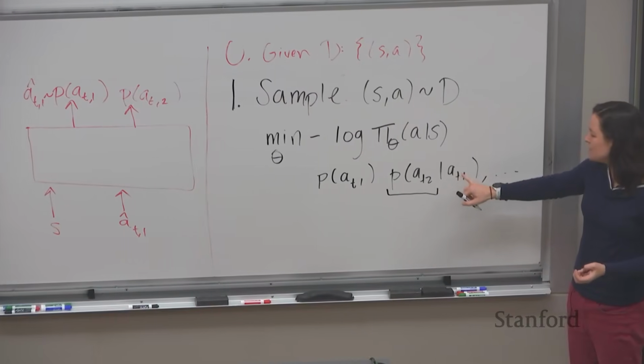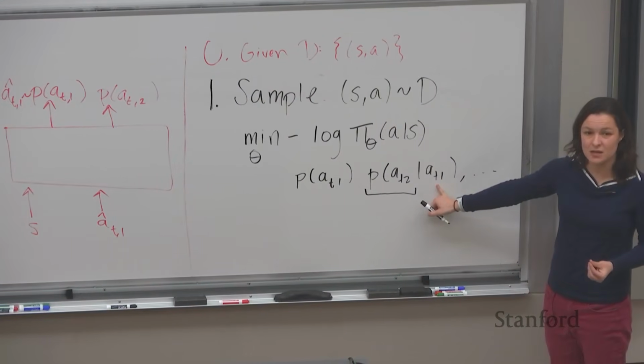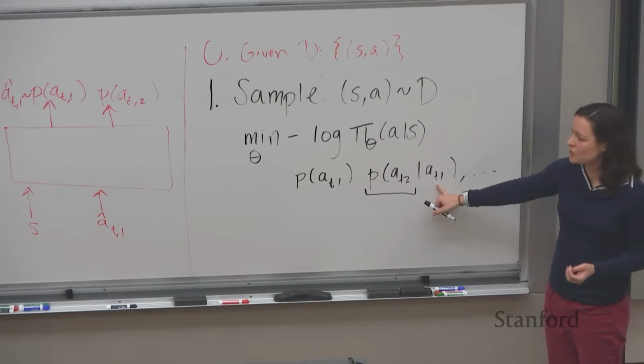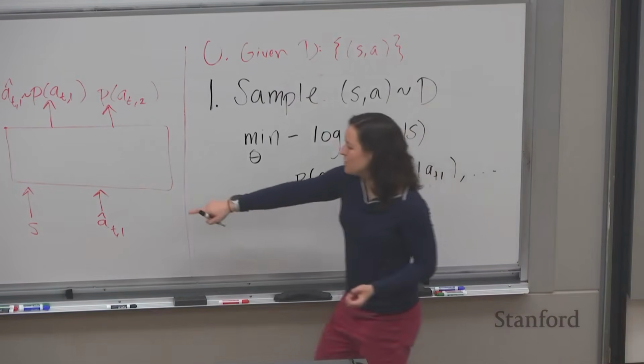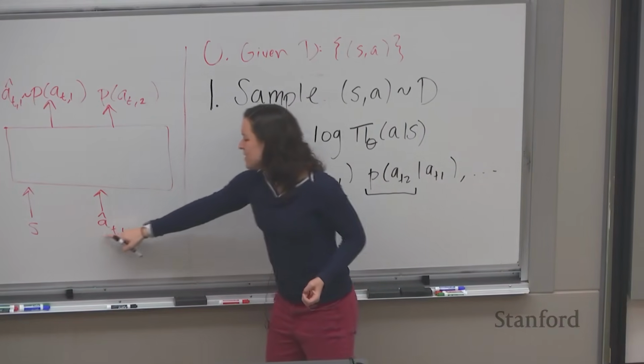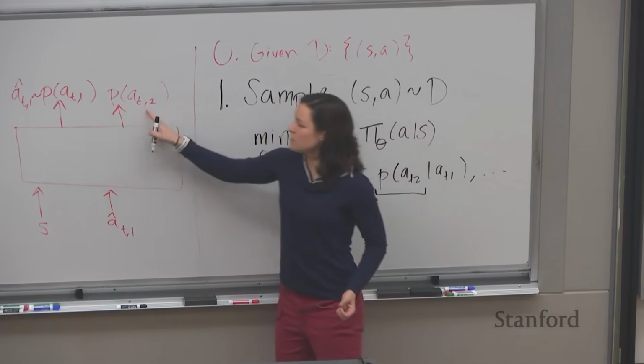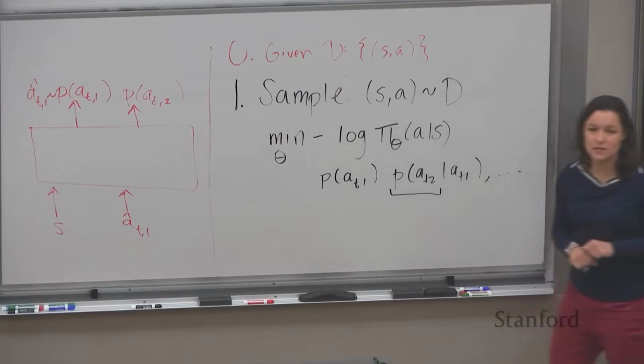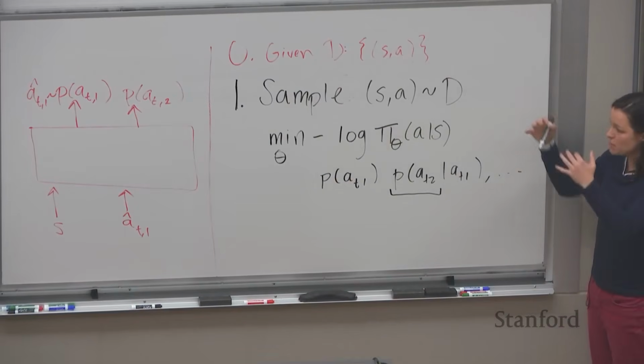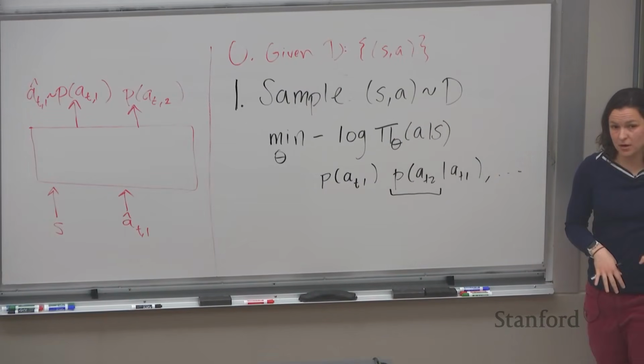Oftentimes you will use the action in the data set. So for the inputs, you'll often pass as input the state and the dimensions that were chosen in the data set. Then for each of these probabilities, you'll be applying the cross entropy loss and backpropagating it back into the network.